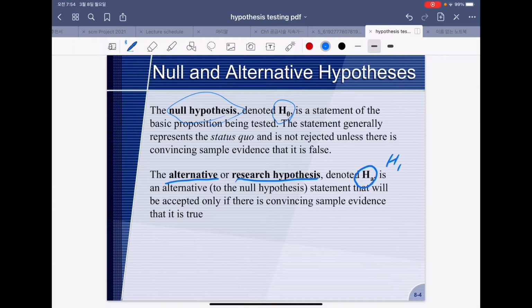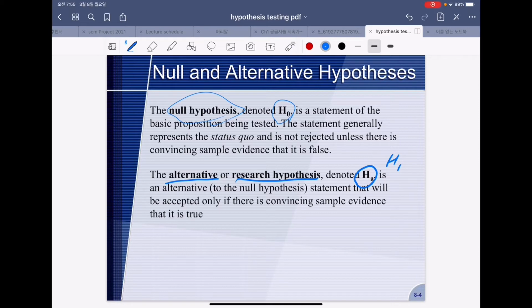Remember that this alternative hypothesis is more important than the null hypothesis, because this hypothesis is the one that you want to support. The hypothesis that you write in your paper or your thesis is usually the alternative hypothesis. I'm going to repeat it: this hypothesis is the one that you want to support.